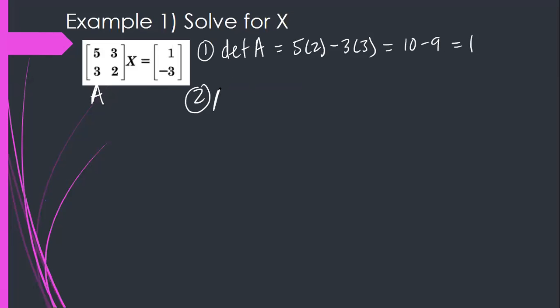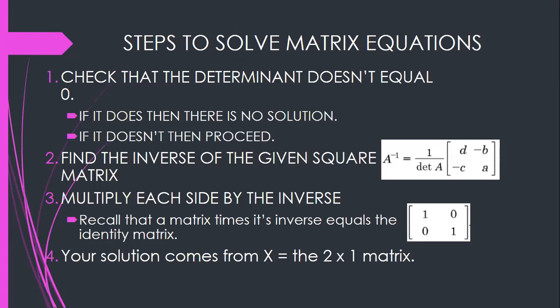So step 2 is to find the inverse. Because my determinant is 1, that means that when I do the switch and change the signs, so switch 2 and 5, change the signs of the 3's. Is there any point of me dividing by 1? No, because it's going to be the same. So we follow that.